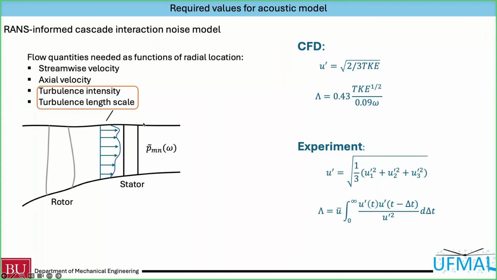Using this type of model, we do require the inflow velocity and turbulence quantities, like turbulence intensity and length scale. That can only be solved using a RANS simulation, which is considered a cheaper option compared to a high-fidelity LES simulation. That's one of the main goals that we're trying to achieve.